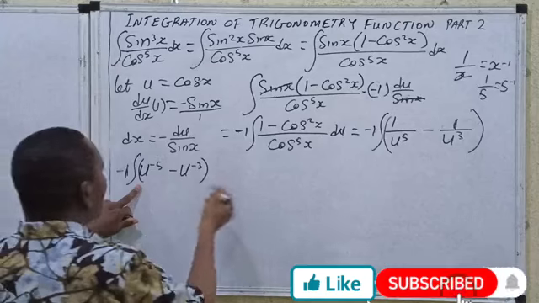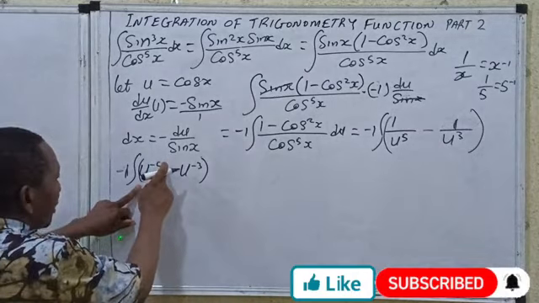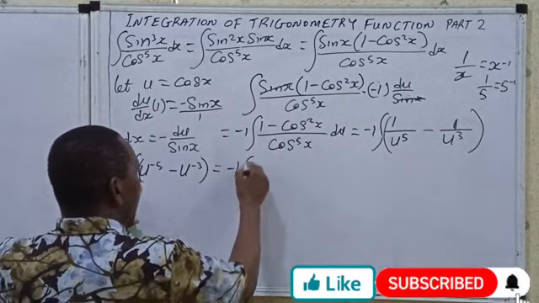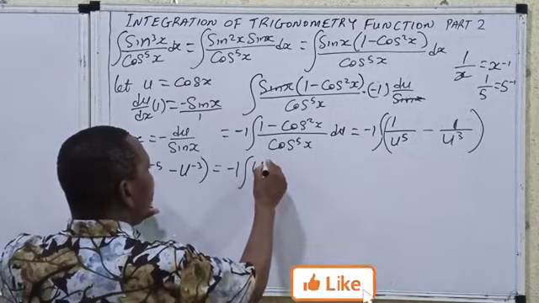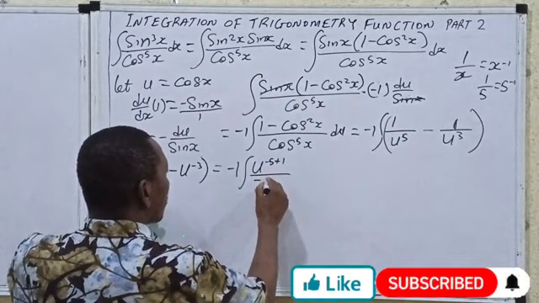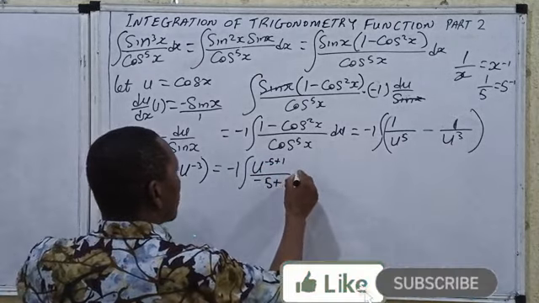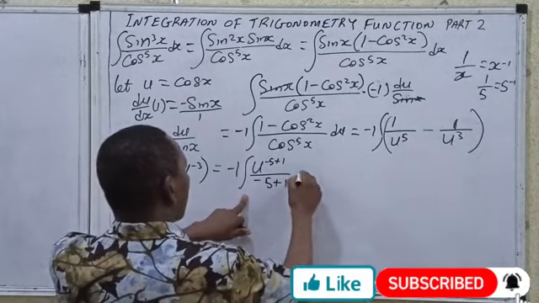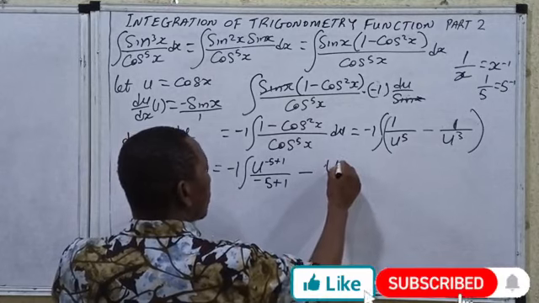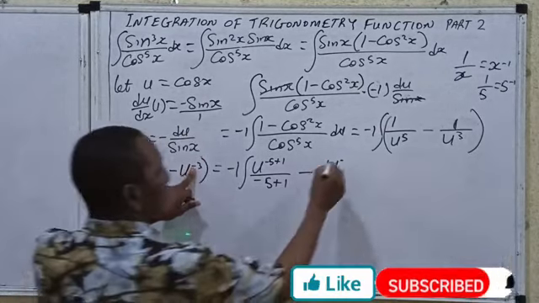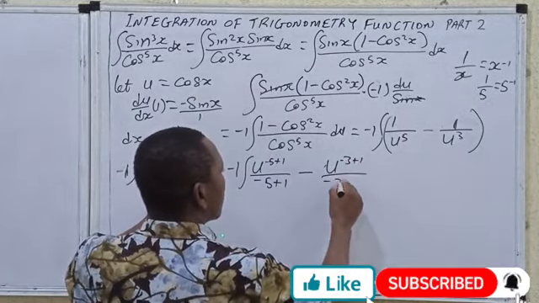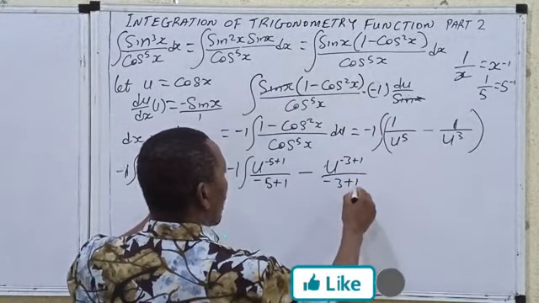All right, so let's integrate this. You know that with your normal integral, you add 1 to the power. Negative 1 integral, you have u to the minus 5 plus 1 all over minus 5 plus 1, minus, here we have another u to the minus 3 plus 1 all over minus 3 plus 1.